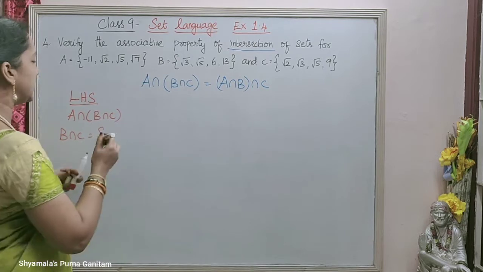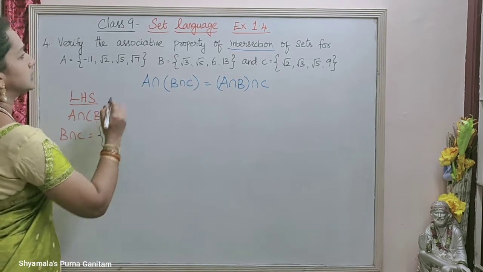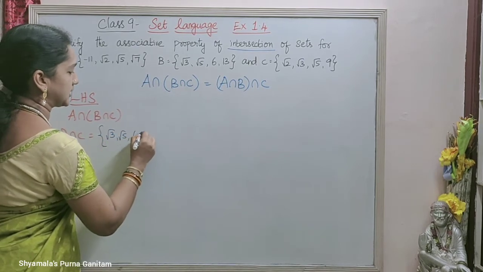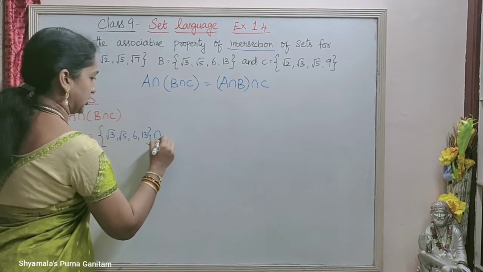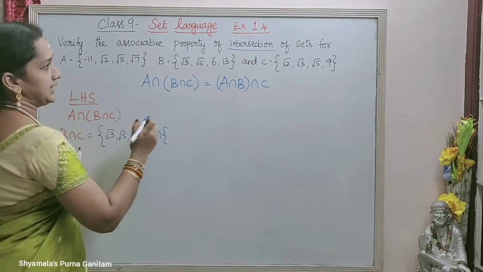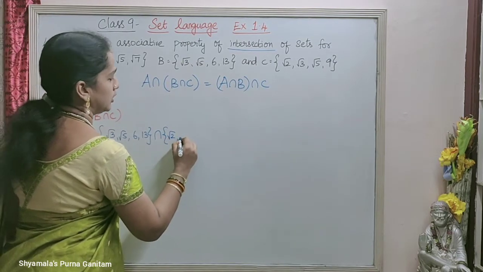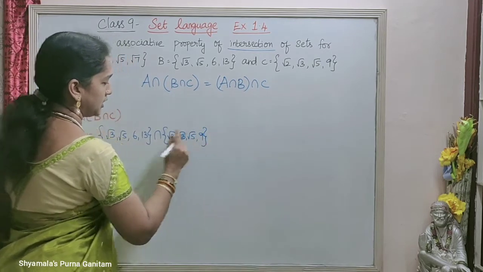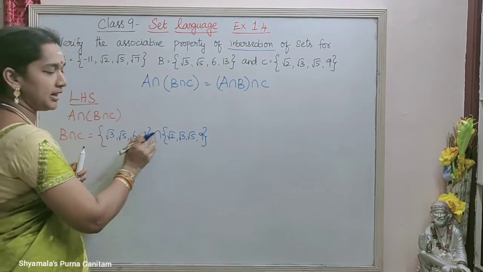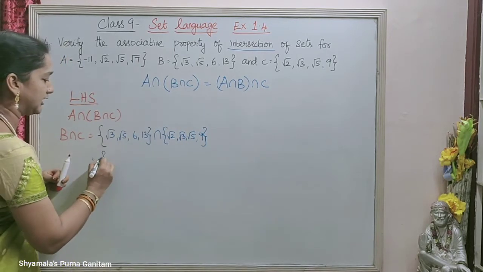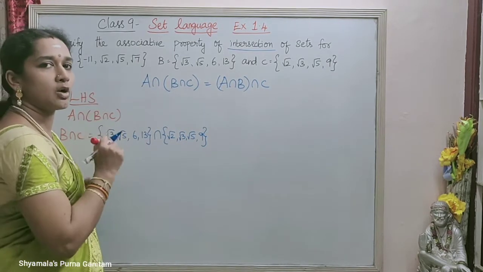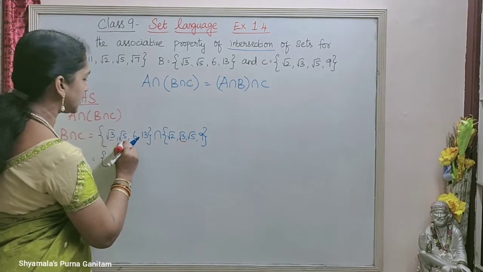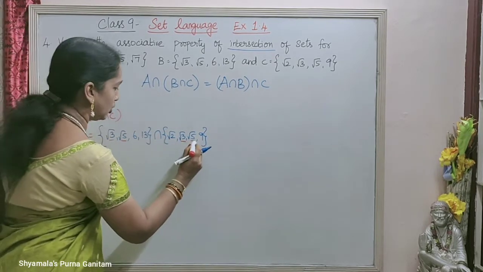First we will find B intersection C. Set B is {root 3, root 5, 6, 13}. Intersection C, where C is {root 2, root 3, root 5, 9}. Now we have to write the intersection, that is the common elements between both the sets. Root 3 is common, root 5 is common.